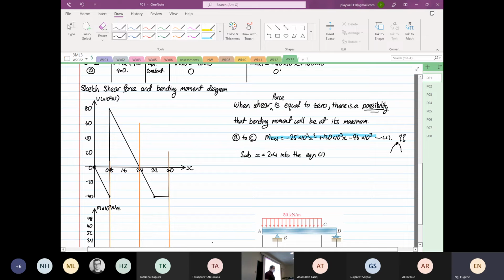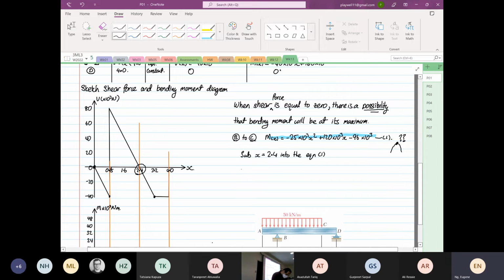And we know the maximum is going to be at x is equal to what? 2.4. Why? Because when the shear force is equal to 0 or crosses 0, there is a possibility that your bending moment will be at its what? Maximum.